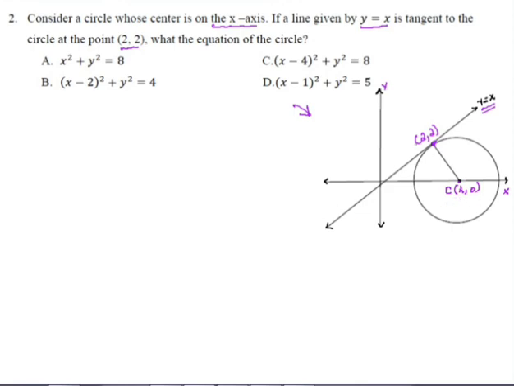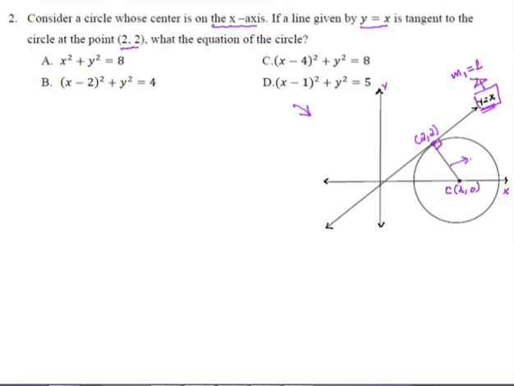From the graph, we have a tangent line to the circle, y equals x. The slope of this line, m1, is obviously 1. And we know that the line segment passing through the center and the point of tangency is perpendicular to the tangent.